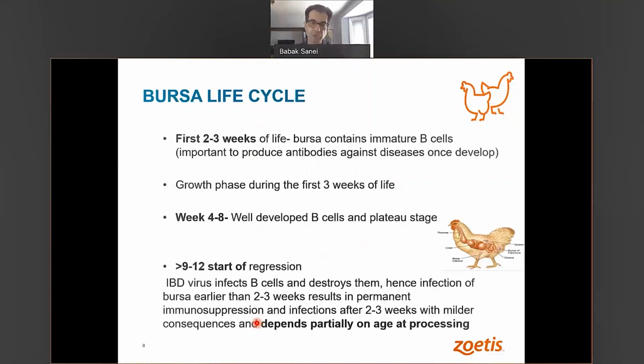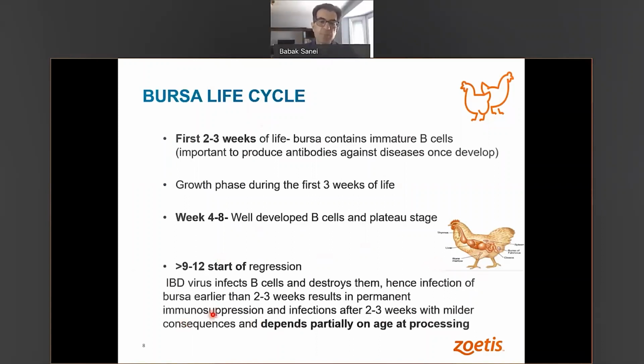Then the bursa, if you keep that bird living after that, will basically shrink. Why? Because it has done its job. All the cells that have matured have migrated to other immune tissues of the bird, the thymus and bone marrow and other organs that I mentioned earlier in this presentation.